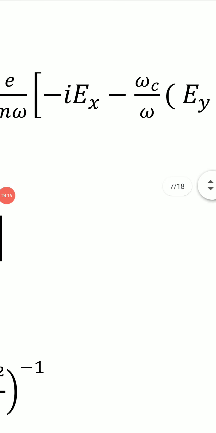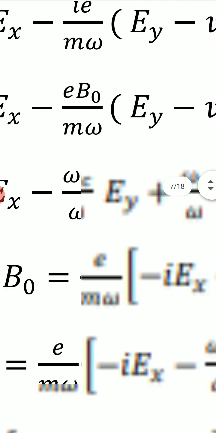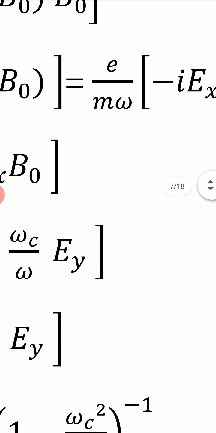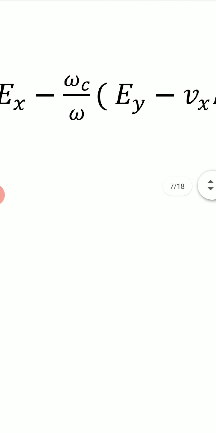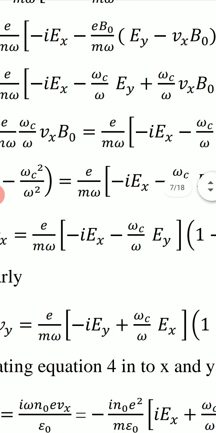So we write omega c for this term e B0 upon m, the cyclotron frequency of electron. And the second term inside the bracket becomes minus omega c upon omega into Ey minus Vx B0.